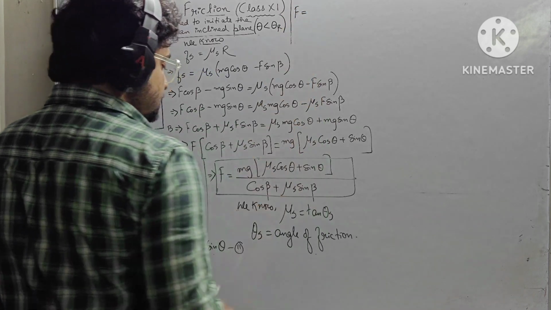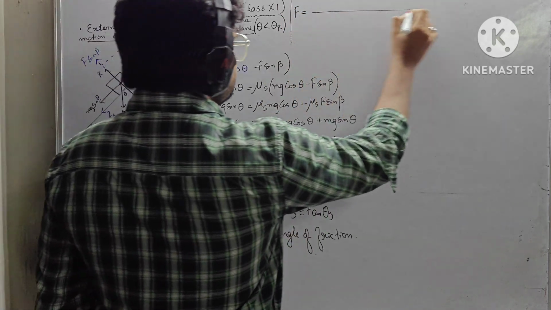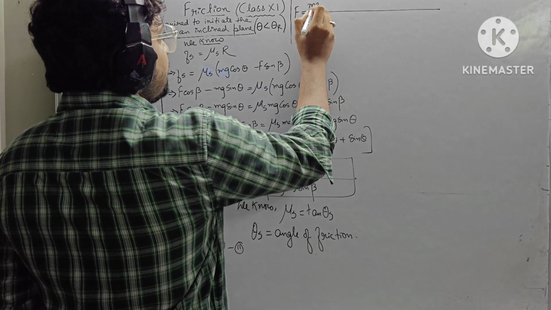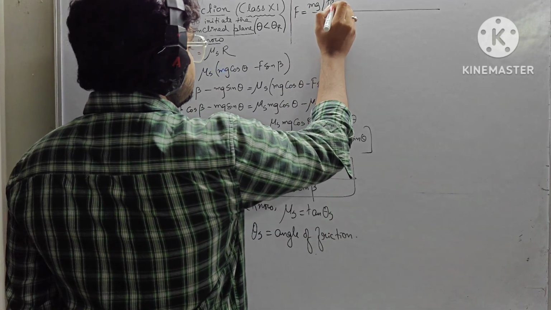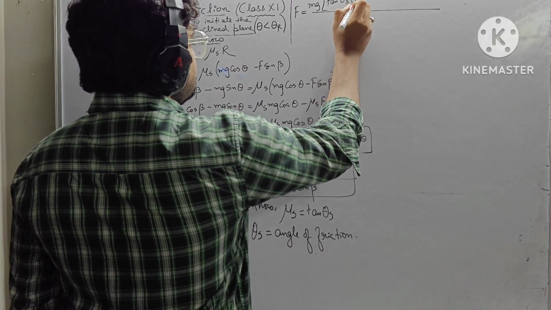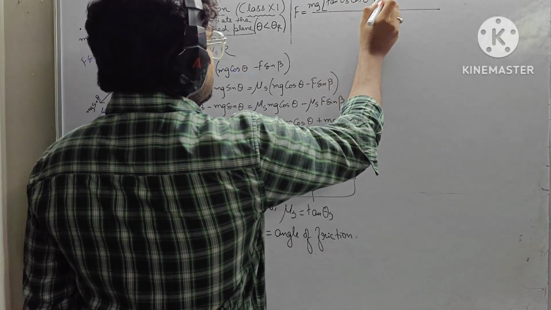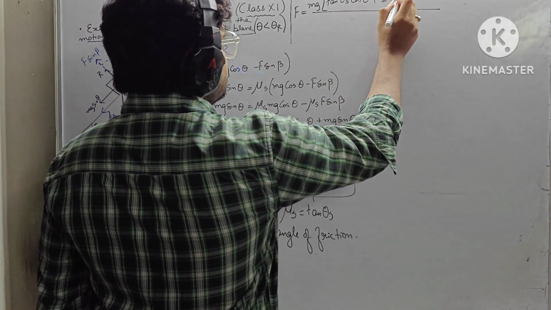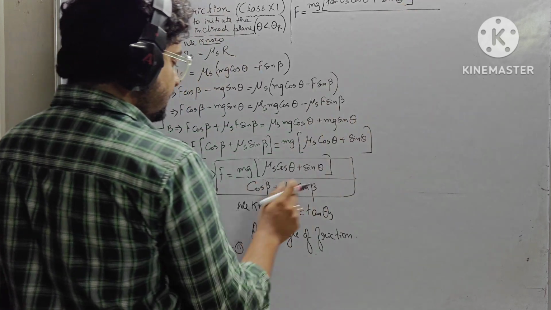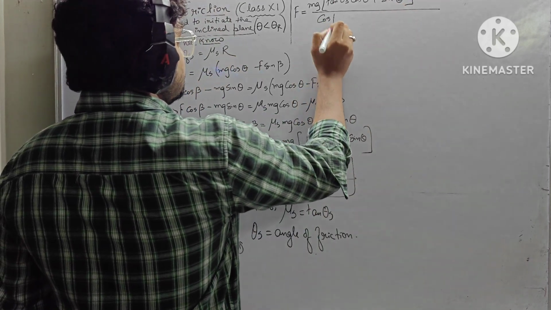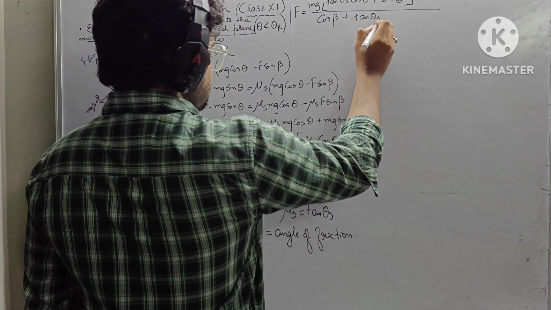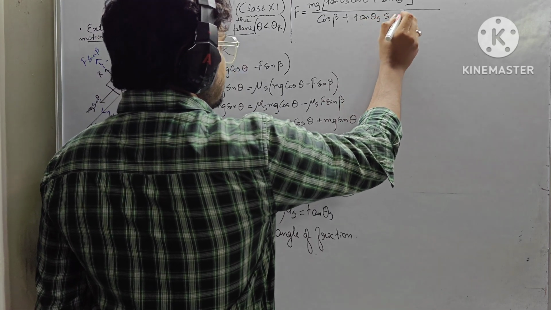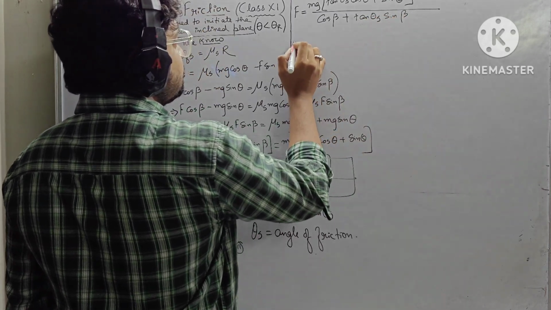So f will be equals to mg mu s. So mu s is equals to tan theta s, cos theta plus sin theta divided by cos beta plus mu s, which is tan theta s, sin beta. Okay.